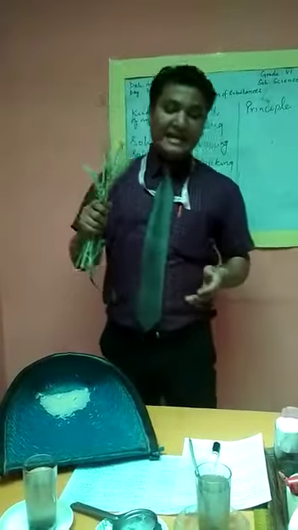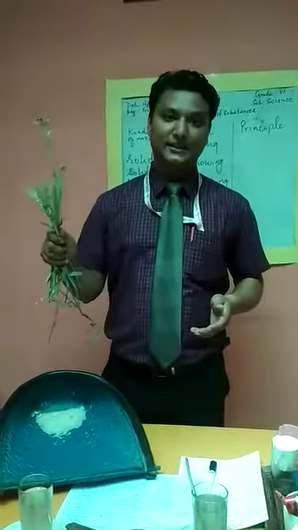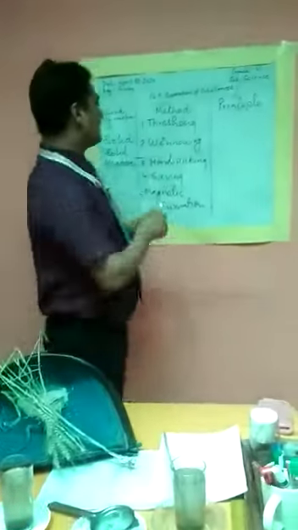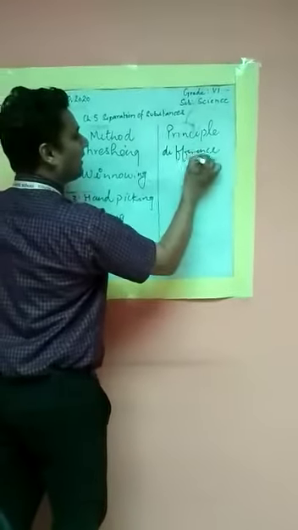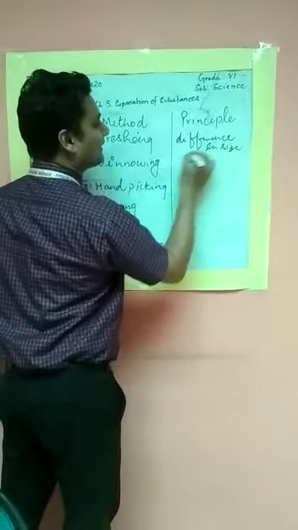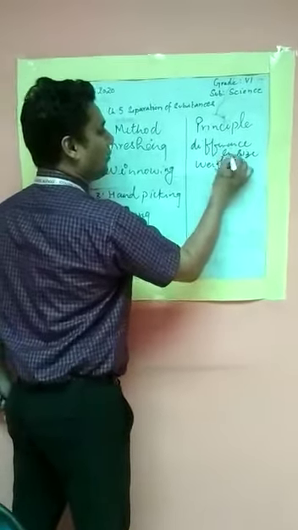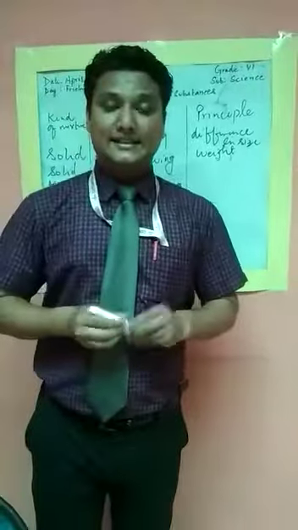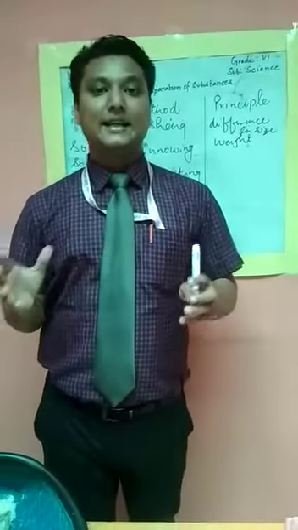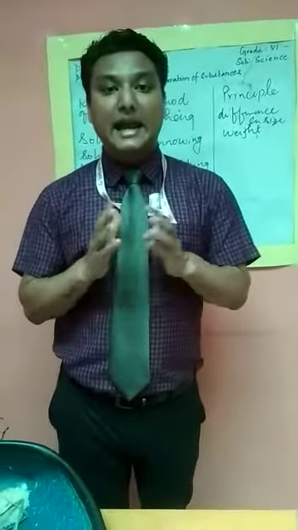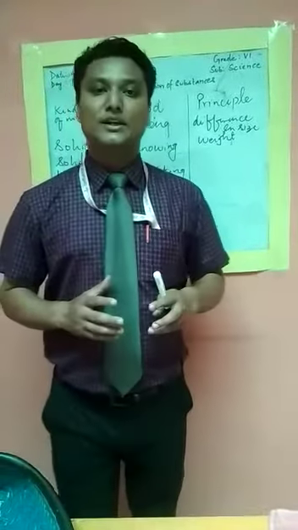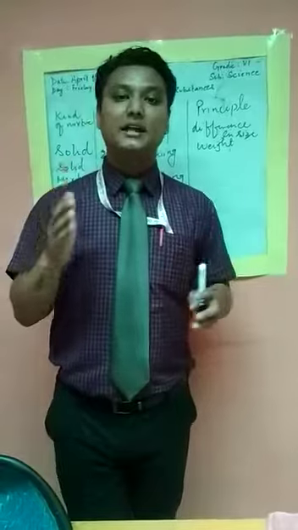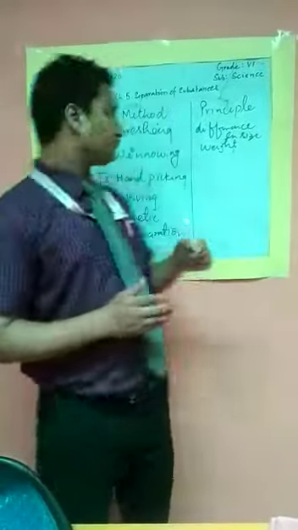So the principle says that there is a difference in size and weight. The stalk and the grains have a difference in their size and their weight, so they are separated when they are hit on a hard surface.